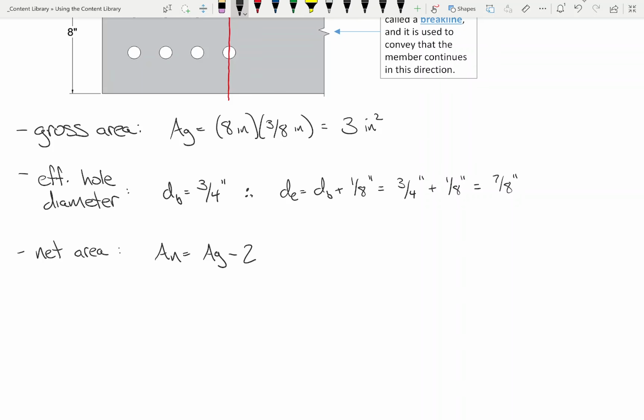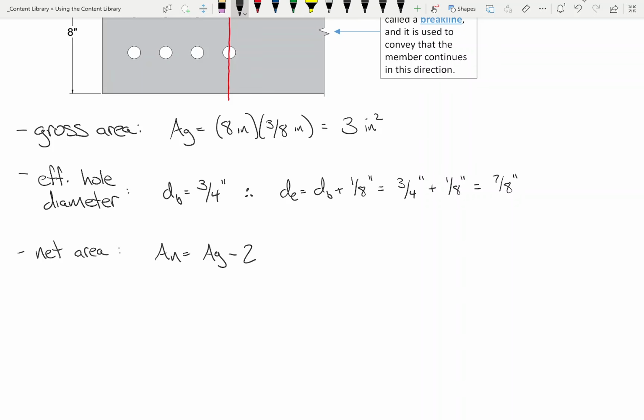I seem to remember from basic dimensional analysis that if I'm adding and subtracting quantities, they have to have the same unit structure. So I can't say the area minus diameter. That doesn't make sense. I have to have an area minus another area.